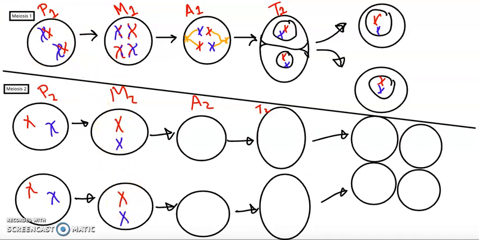Okay. And then we have the spindle fibers coming out, right? Oh, by the way, spindle fibers are present here. That's actually what helps to line them up in the middle. Same thing over here in meiosis 1. The spindle fibers are connecting to the kinetochore, helping them line up.